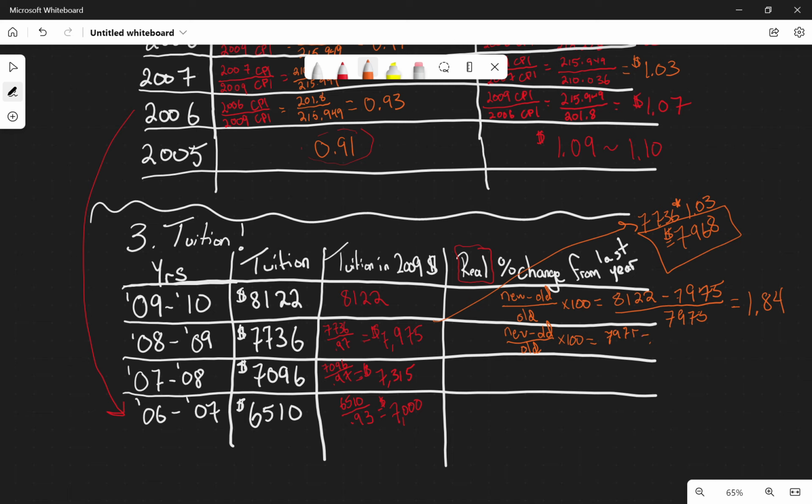We're going to subtract 7,315, divide all that by 7,315, multiply by 100, and what do we get? We get 8.33 repeating, well, 8.34 rather, %.